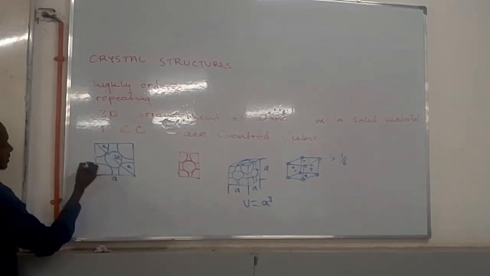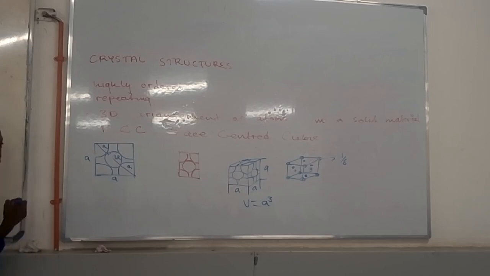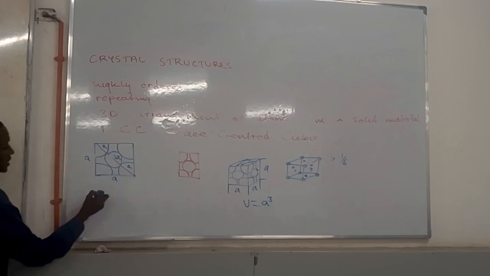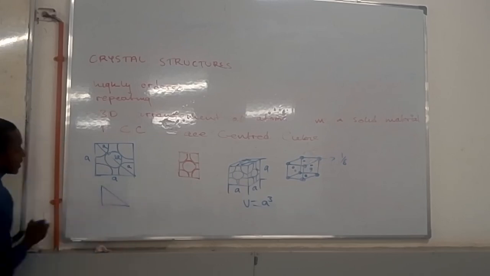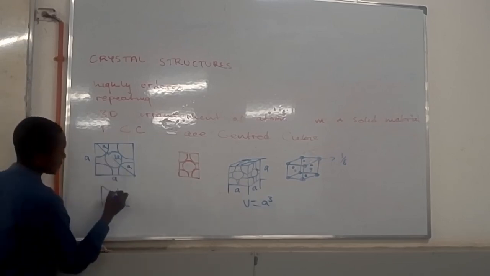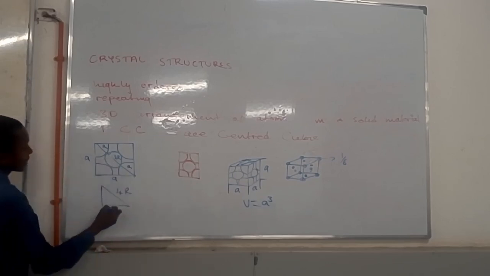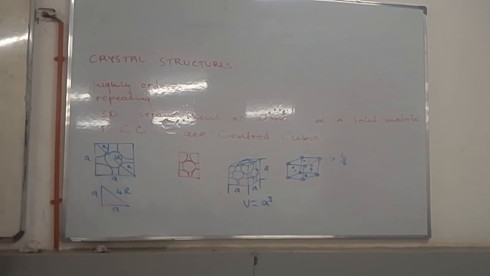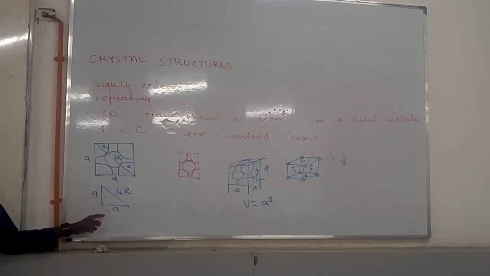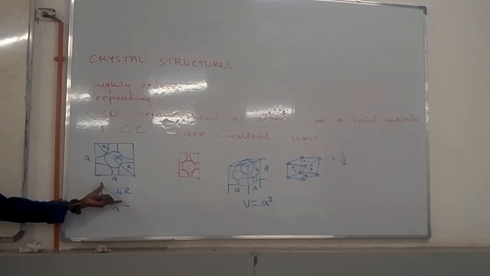This is a, and this is also a. You agree with me, right? Yeah. So if we take this as a triangle, we can say that this is 4r, here we've got a, we've got a. We can easily find the relationship between a and r. So this is our hypotenuse, these are our sides.